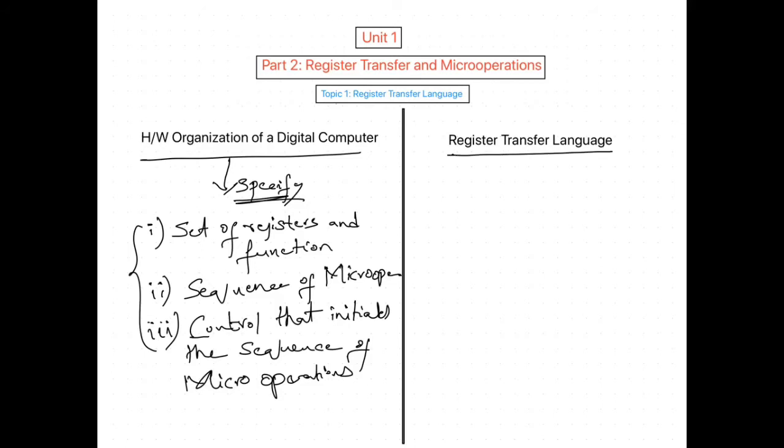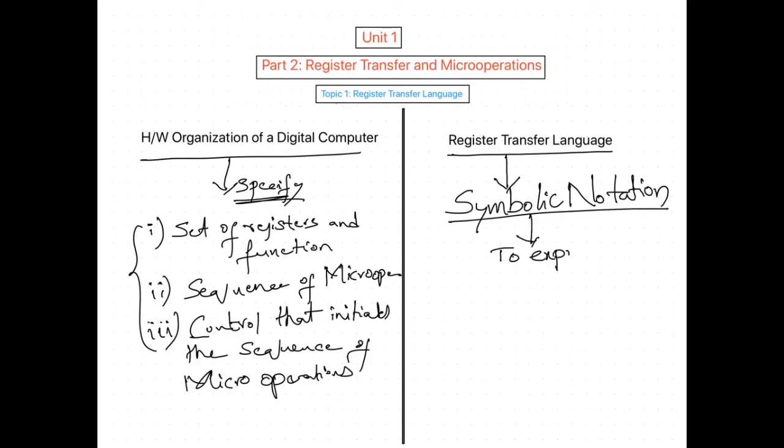Now the next thing is register transfer language. What is register transfer language? Register transfer language is a symbolic notation. This is very important, we should make a note. Why are we using this symbolic notation? To express micro operation sequences.